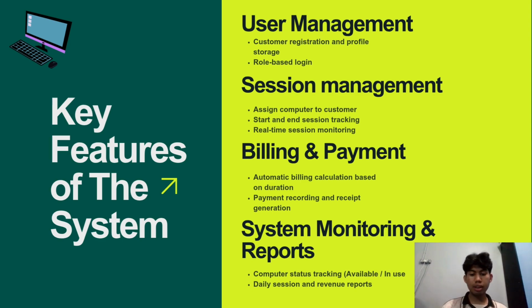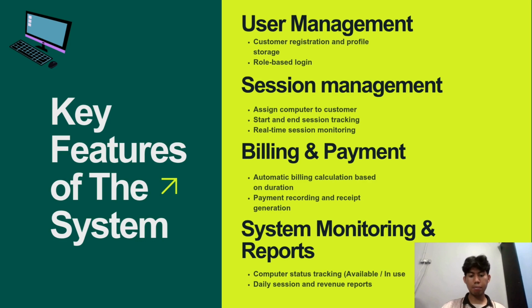The system includes several key features, which can be divided into four main components. First is user management, where customers can register and log in, and admins can manage system access. Second is session management. The admin assigns a computer to a customer, and the system tracks the session in real time from start to end.